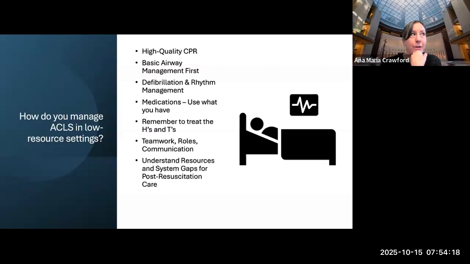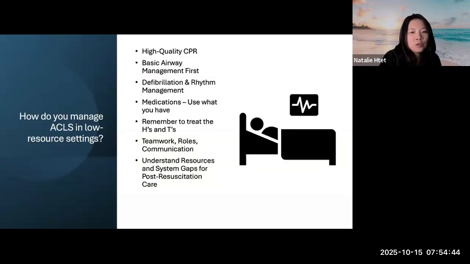And I really like this point quite a bit because not only are you looking for the cause or the etiology of why the patient went into cardiac arrest, but if you think about things in terms of H's and T's, you can also hopefully prevent cardiac arrest in a lot of situations. Can you tell us a little bit more about the H's and T's? Yeah, so the H's stand for a couple of mnemonics.